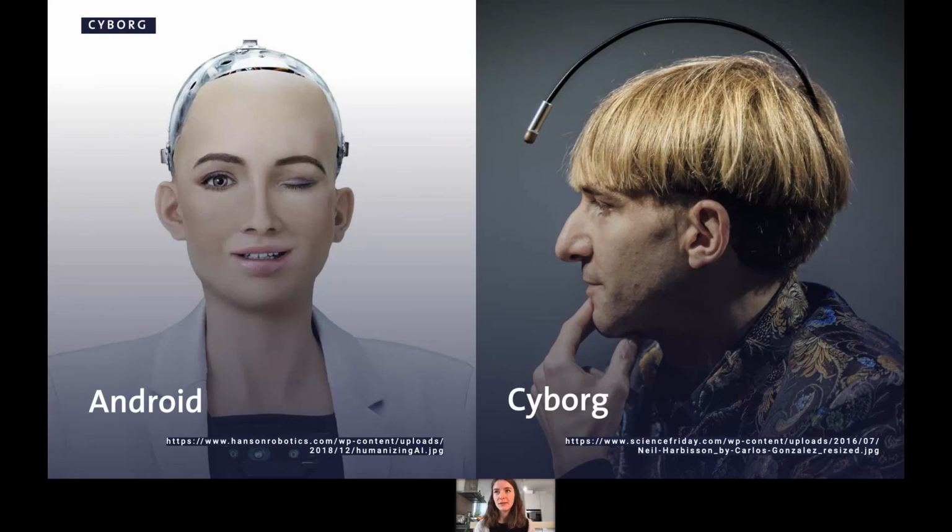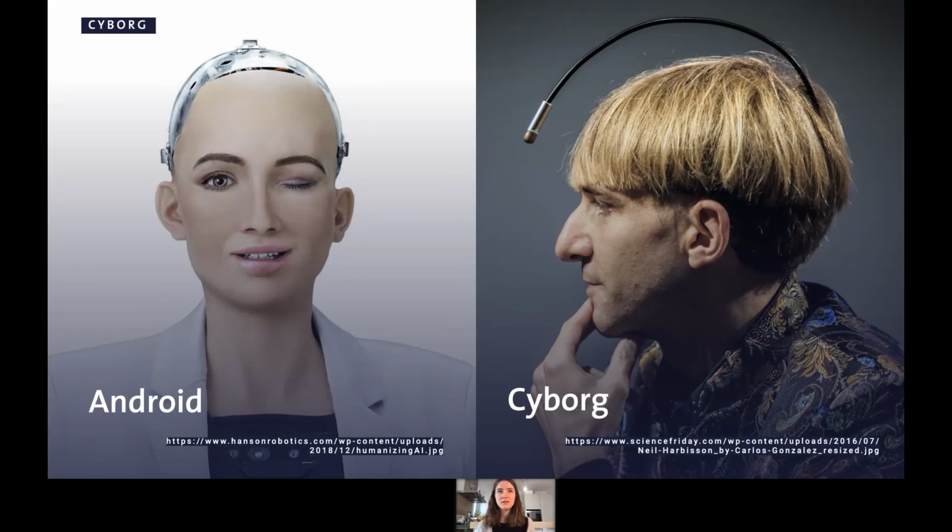So for example, on the right side, you see Neil Harbisson, and he's colorblind from the moment he was born on. And he implanted an antenna in his head, and the sensor on the front is measuring the color tones and transferring it into melodies, into tones.